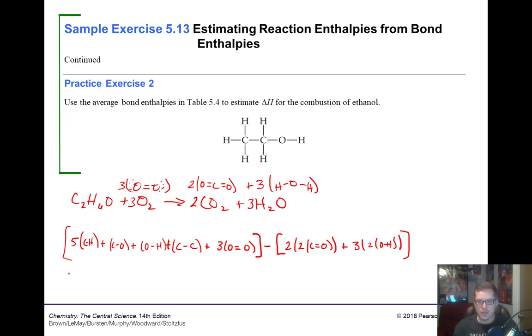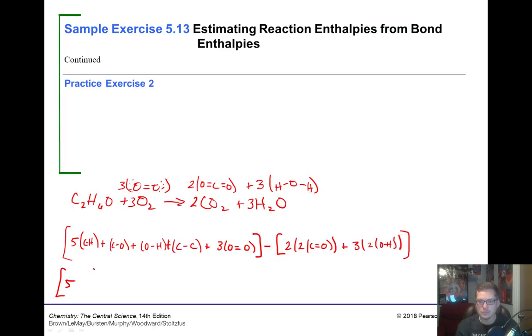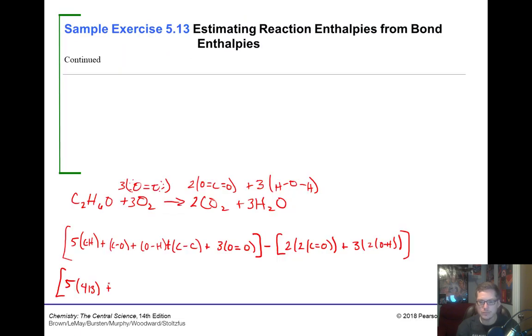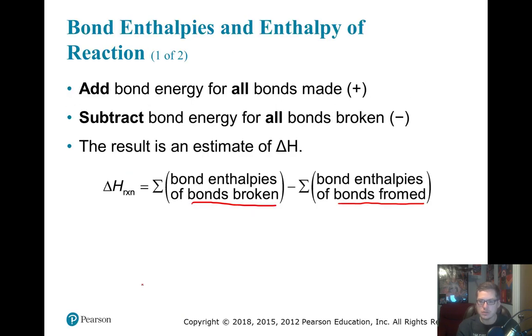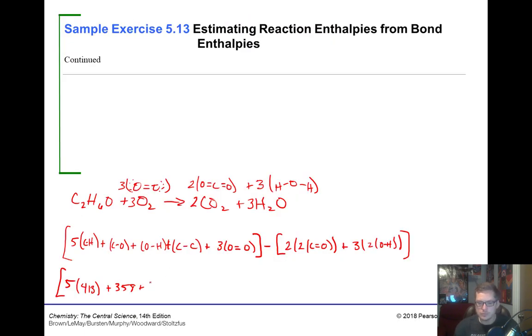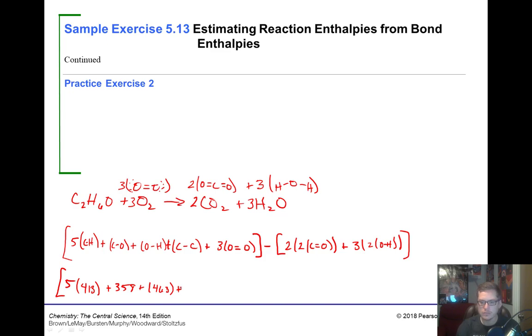Now we look at that table. We'll say 5 times our CH bonds, and CH is 413. Plus our carbon-oxygen single bond, 358. Plus our oxygen-hydrogen single bond, 463. Plus our carbon-carbon single bond, 348.